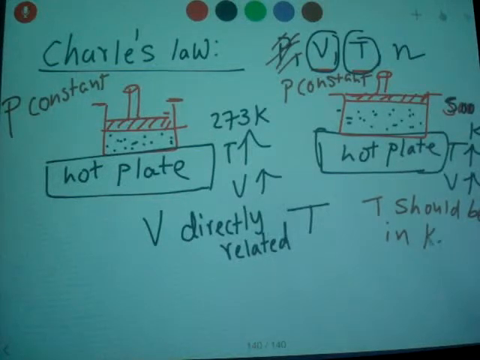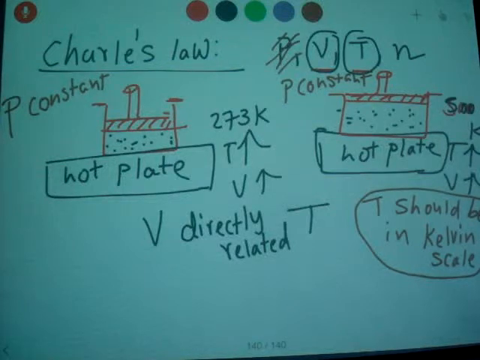In the Kelvin scale. So whenever we calculate Charles' law, we need to convert temperature to Kelvin. That's where this law applies. So it should be in Kelvin. And the mathematical relationship he came up with is V equals KT.